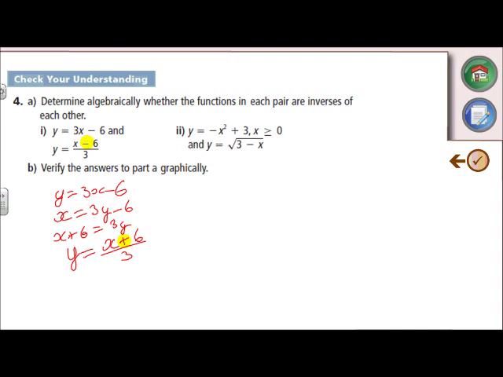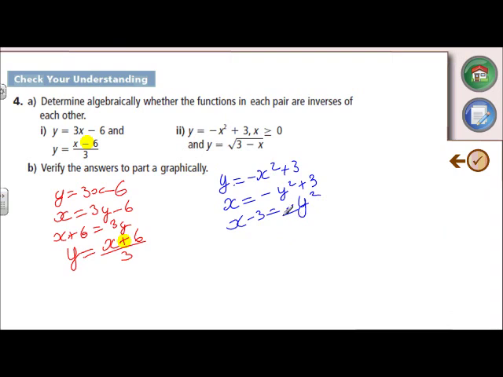And let's try the other one. y equals negative x squared plus 3. Switch the x and the y. x equals negative y squared plus 3. And subtract the 3, x minus 3 equals negative y squared.